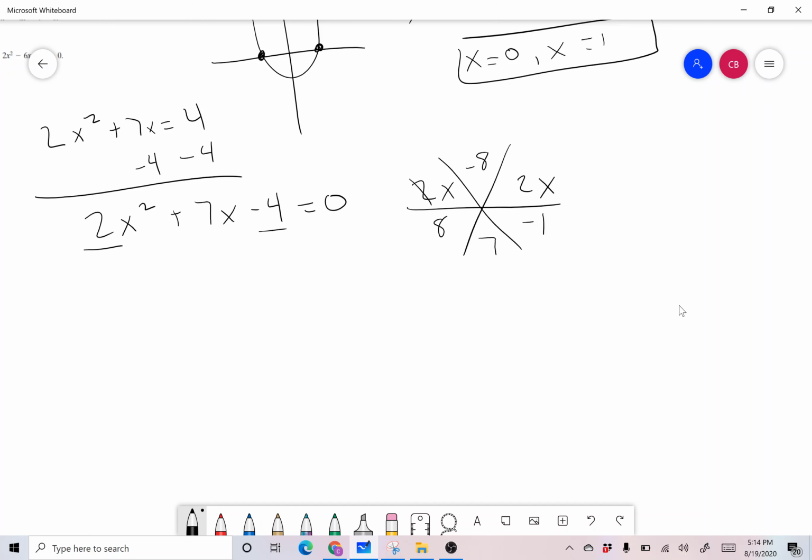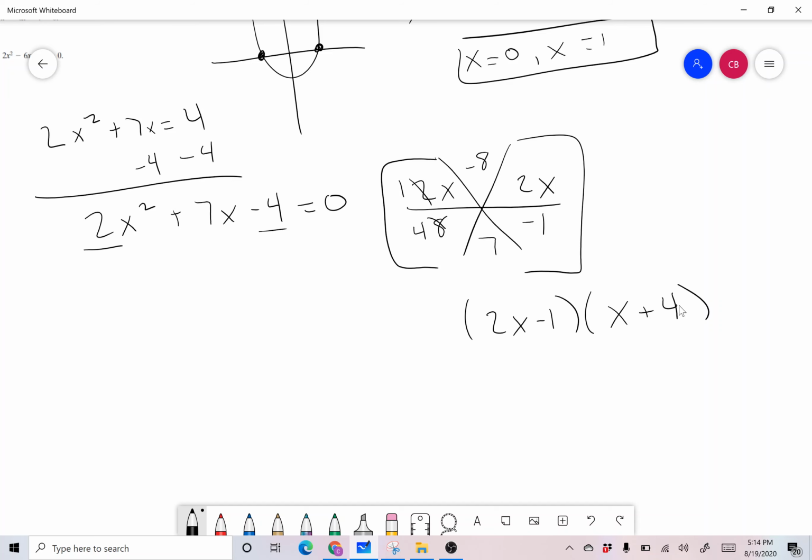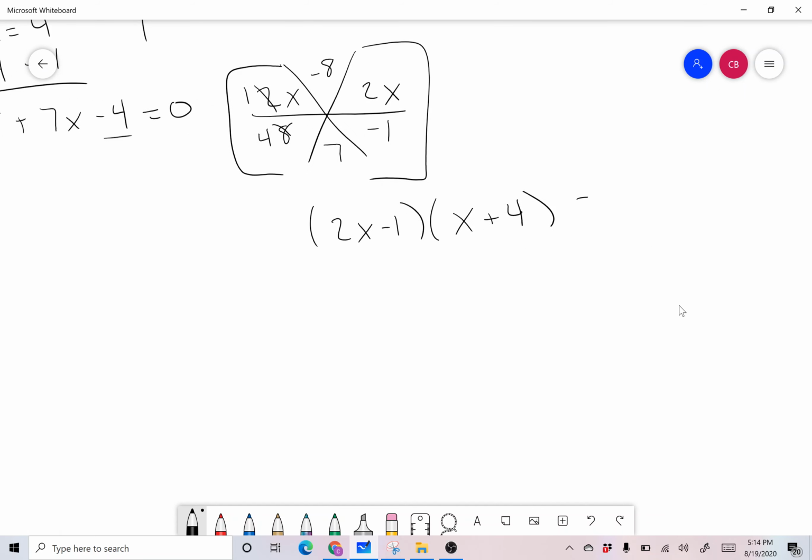We can simplify this. This is 1 over 4 for the 2x. So then this is 2x minus 1 and x plus 4, and that's equal to 0. So we set each part equal to 0. Notice we're not foiling it. If you foil this, it will give you back the original.